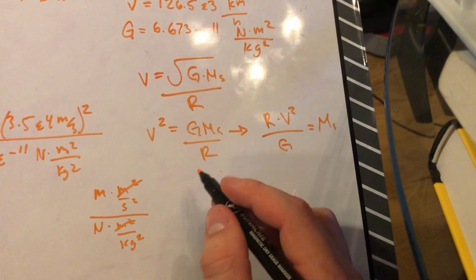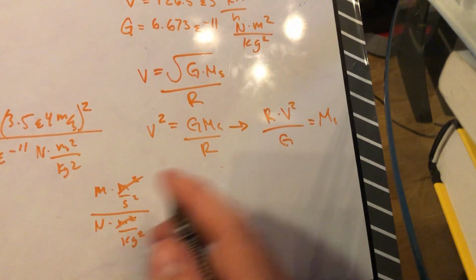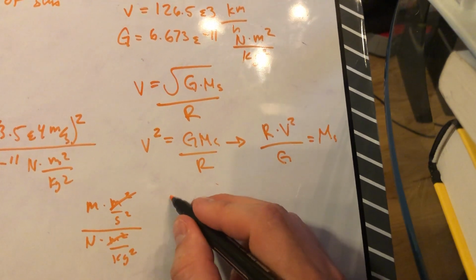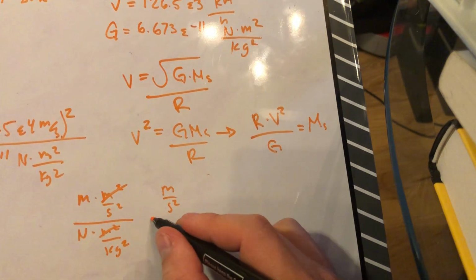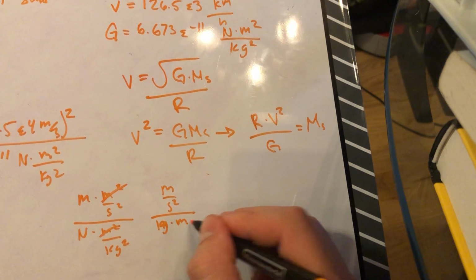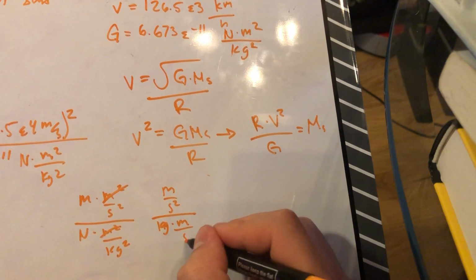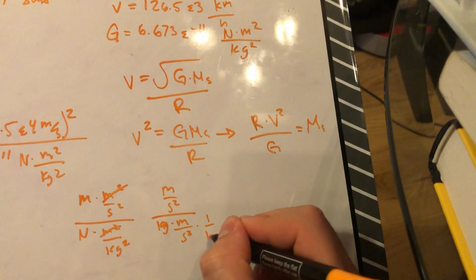And then we have meters per second squared over kilogram per meter per second squared times 1 over kilogram squared.